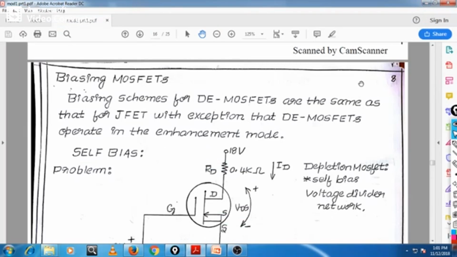Hello student, welcome back. The next topic is biasing MOSFET. Here we will study biasing depletion MOSFET and biasing enhancement MOSFET. That means we will study the techniques for biasing depletion MOSFET and the techniques for biasing enhancement MOSFET.